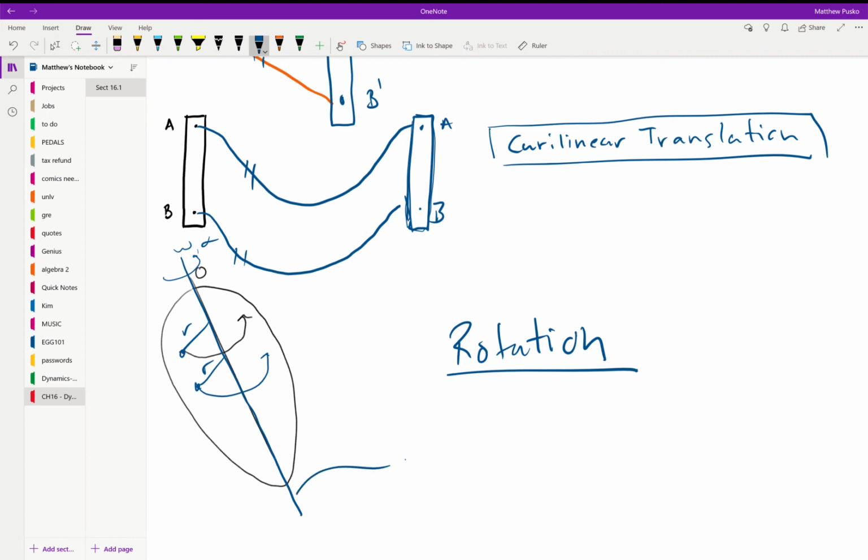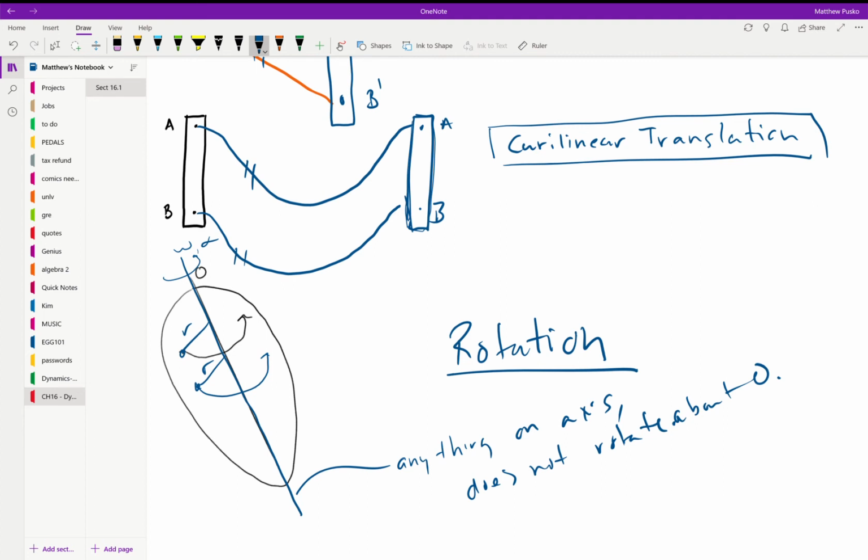So anything on the axis itself does not rotate about O. Just consider it standing still.